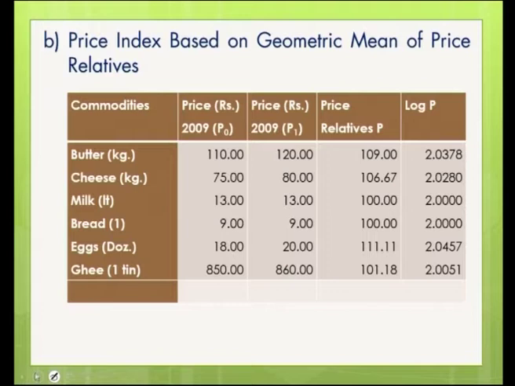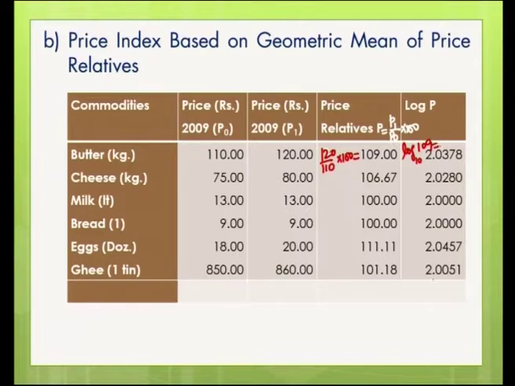Similarly, this is by the geometric mean method. For geometric mean we have to take a capital P. Capital P is equal to the price relatives, the values are just written as they are, capital P is equal to P1 by P0 into 100. Again it is 109, which is nothing but 120 by 110 into 100 is equal to 109, and these values are calculated, each one is taken with log, that is log of 109, to the base 10.